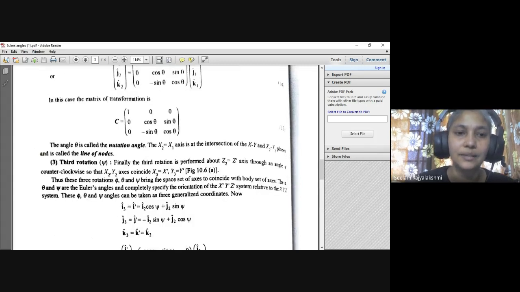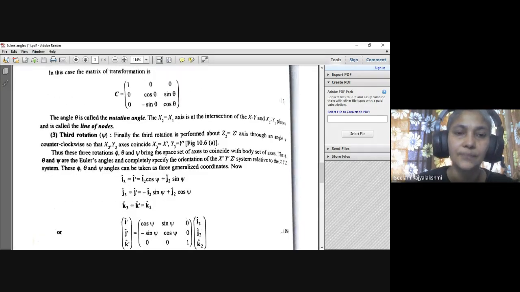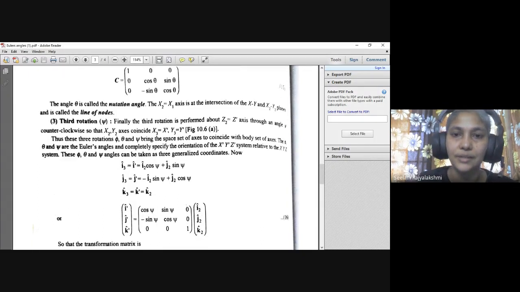Now let us consider the third rotation, psi. Finally, the third rotation is performed about the z2 equals z dash axis. That means here we will consider it relative to the z axis, Z2 equals Z1, through the angle psi. Here also we consider counterclockwise, so that the x2 y2 axes coincide. X3 equals x dash, y3 equals y dash.